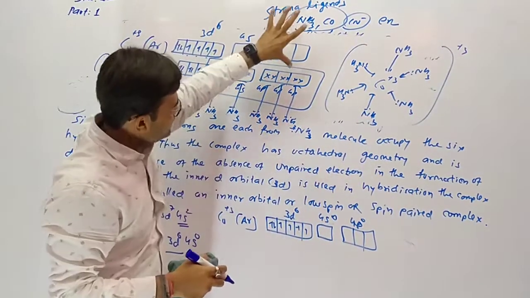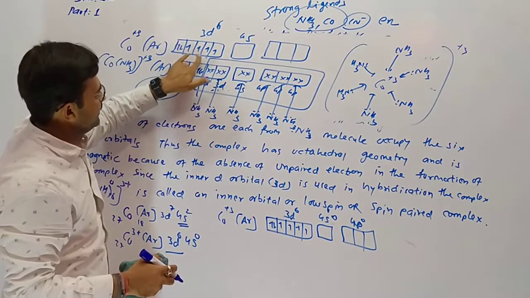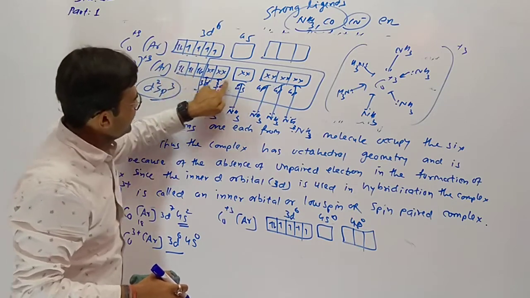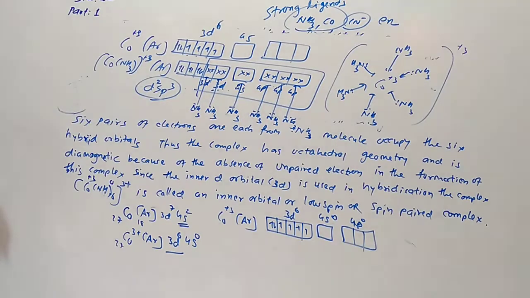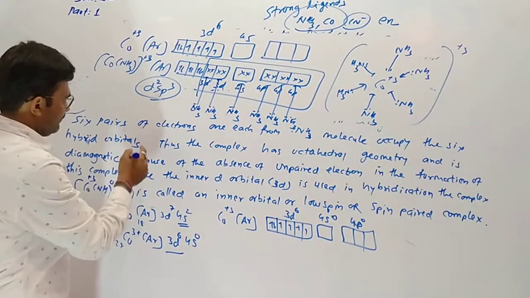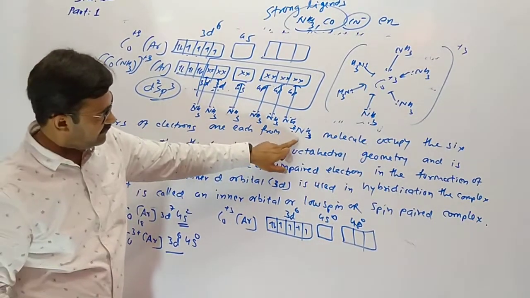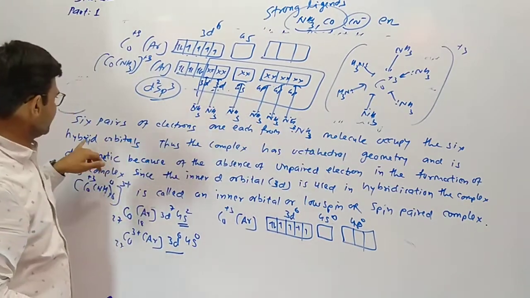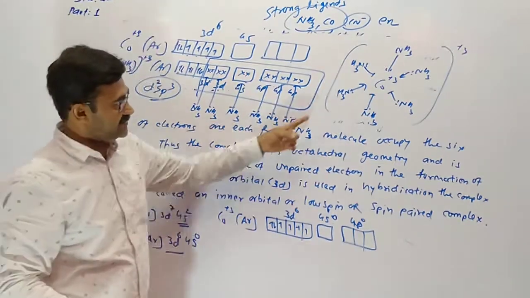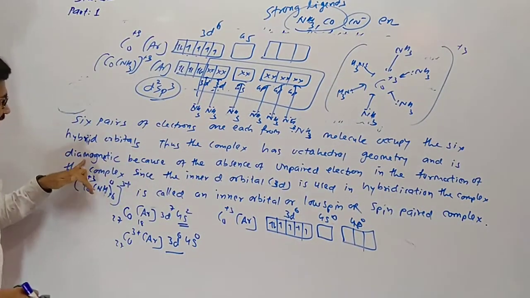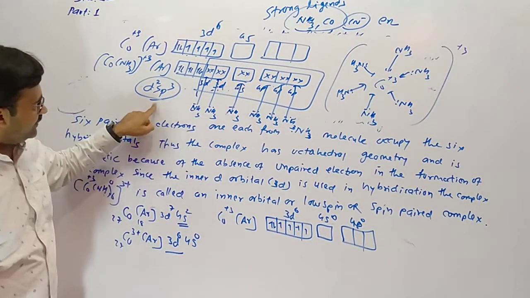So the unpaired electrons become paired, and these two come here. All the electrons are paired, so by nature it is diamagnetic. 6 pairs of electrons, one from each ammonia molecule, occupy the 6 hybrid orbitals d2sp3. Thus the complex has octahedral geometry and is diamagnetic because of the absence of unpaired electrons after combining with ammonia.